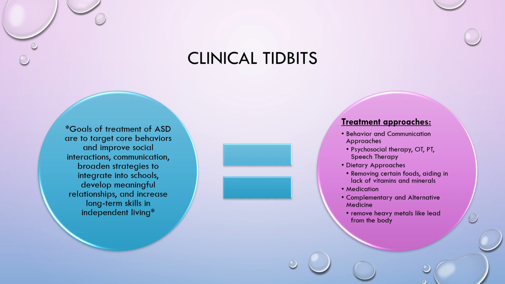Maybe if it's vitamin D, fish oils, different beliefs, and depending on what the symptoms exemplify. Medications if necessary, and complementary and alternative medicine, such as removing heavy metals like lead from the body, or even maybe different pressure points in acupuncture and things like that may be believed to be beneficial or assist in autism spectrum.